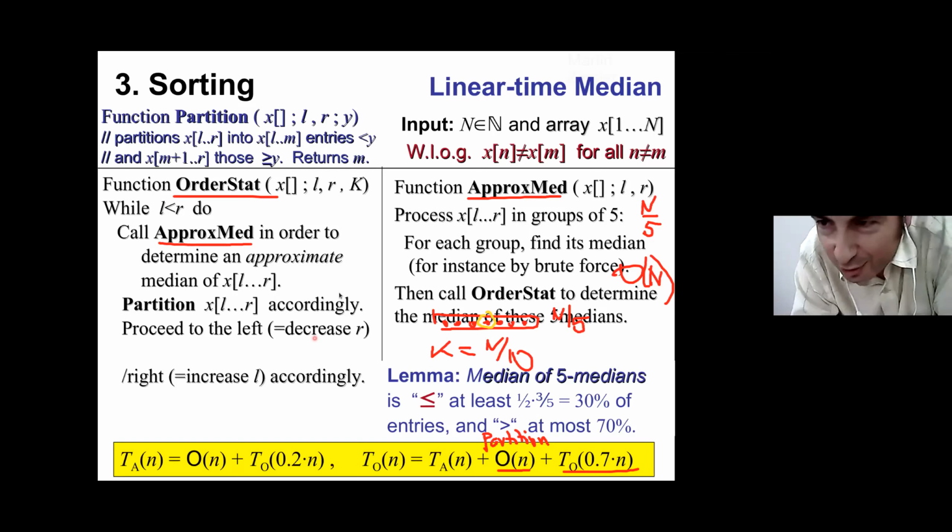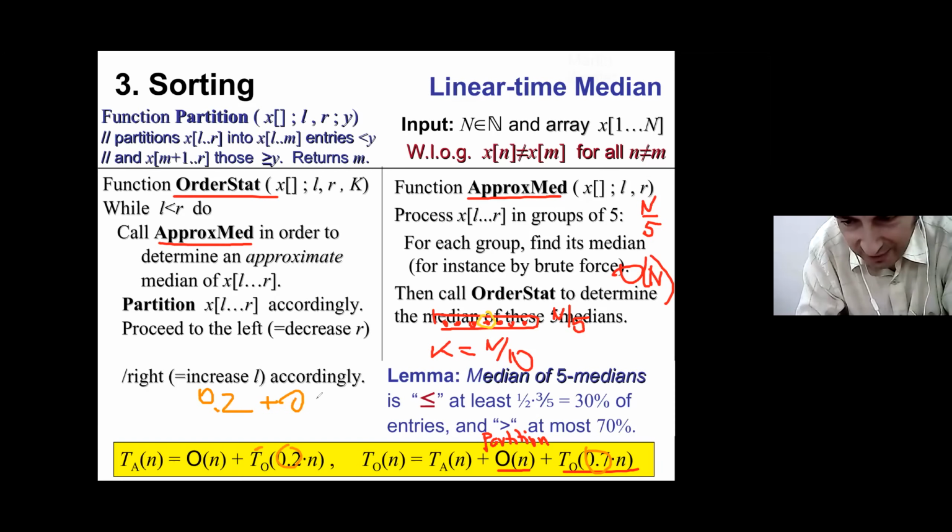The important point in this whole story, why this works, why is this number and this number, 0.2 plus 0.7 is equal to 0.9. Now, what is important about this is that it is strictly less than 1.